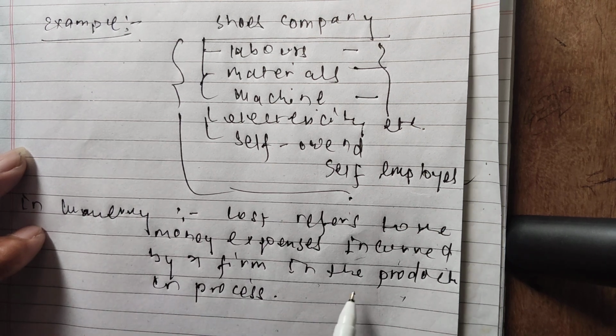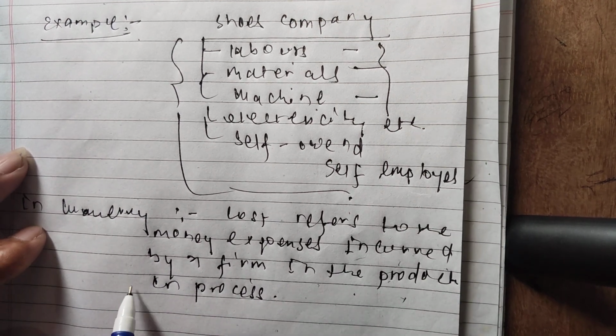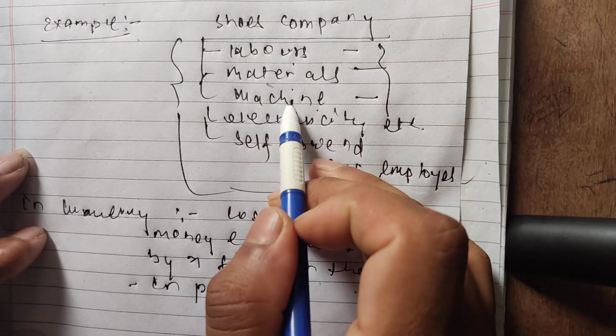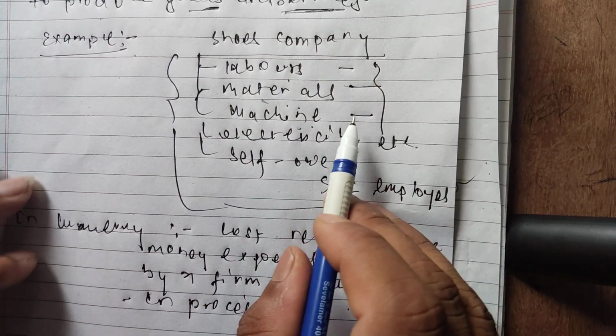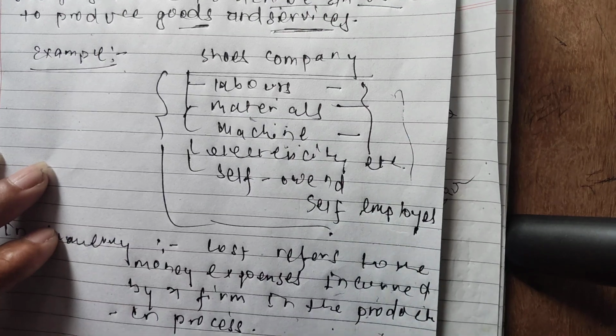So we can understand labor cost, material cost, machine, everything are calculated under the cost.